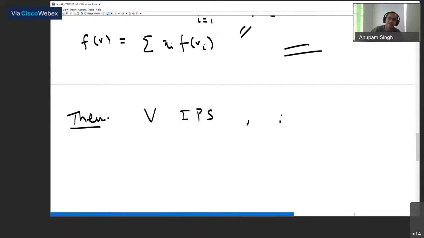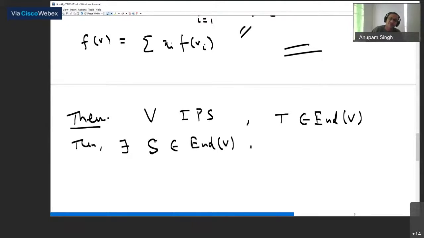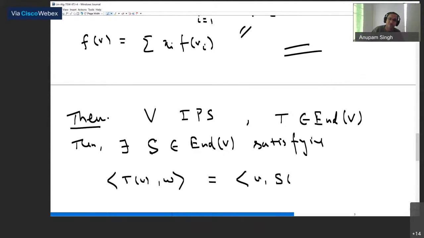And suppose I am given a linear transformation T in End V. My claim is that then there exists another linear transformation S in End V satisfying the following equation: if I compute the inner product of T of v and w, then this is equal to the inner product of v and S of w, for all v, w in V.